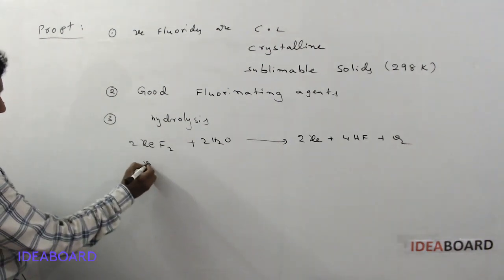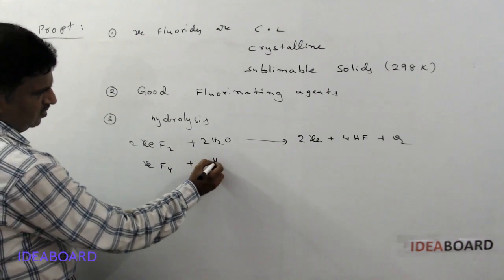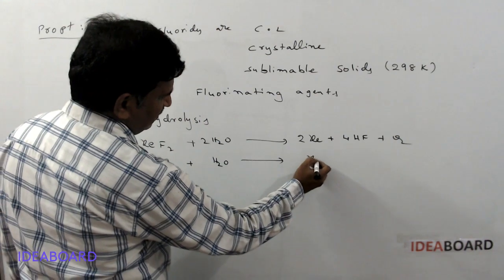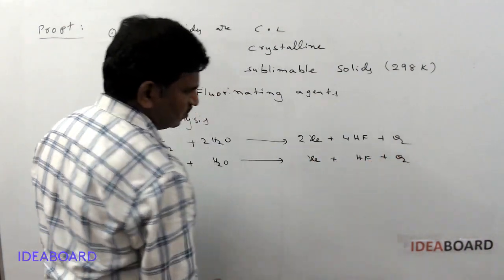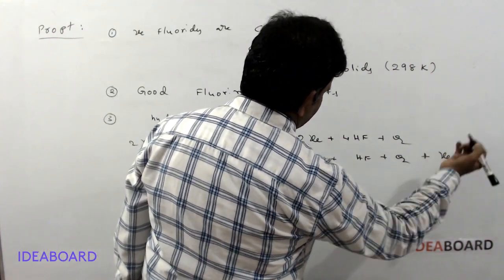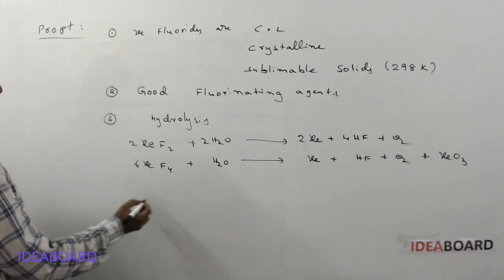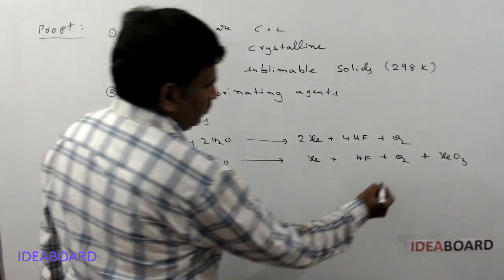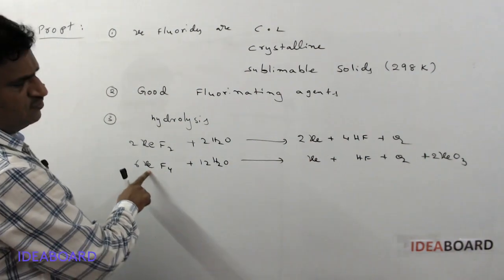Next, if xenon tetrafluoride is taken, it undergoes hydrolysis to form the same Xe plus HF plus O2. Along with this, we are getting XeO3. 6XeF4 plus 12H2O gives 2XeO3 plus, here 2Xe, means how many Xe we have? 6.